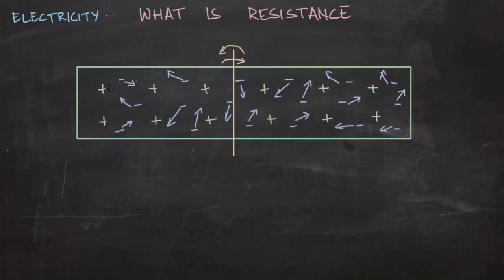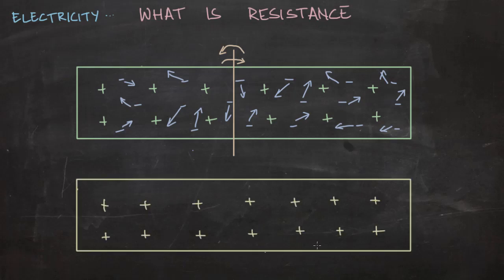What happens if we take this conductor and apply some kind of a potential difference across these ends? That is, say we have a cell and we connect the positive terminal to one end and the negative terminal to the other end with the help of a wire. Let's see what happens. So here we have those fixed positive ions. Fixed positive ions in the sense these occupy some unique points in the lattice structure of this material.